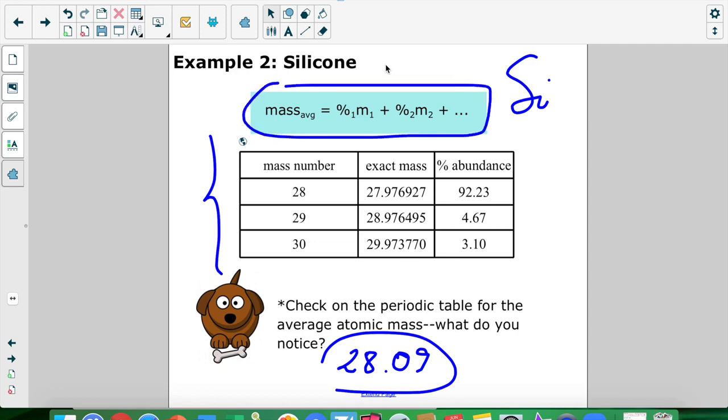So for that, we're going to use the percent abundance of each of the isotopes. This is the percent abundance, and we're going to multiply the percent abundance of each of the isotopes by the mass of each of the isotopes, and then we're going to add that together, okay? All right, so if you want to do these calculations, this is how you should proceed.